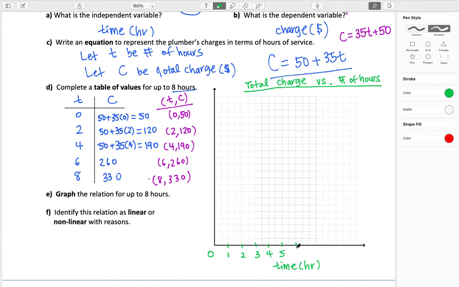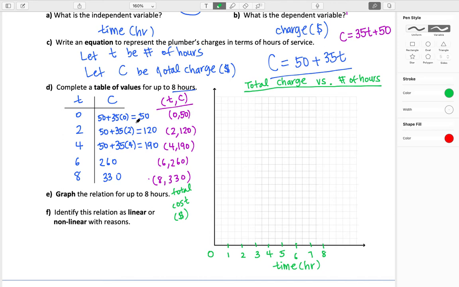Now when you are labeling it, your units, your increment has to be very consistent. Okay, so if I went by 2 spaces for 1 hour, then that has to be consistent. And then my y-axis, it's the total cost in dollars.